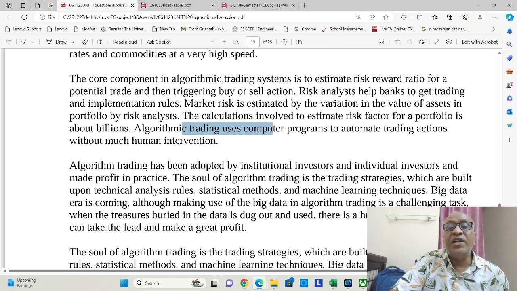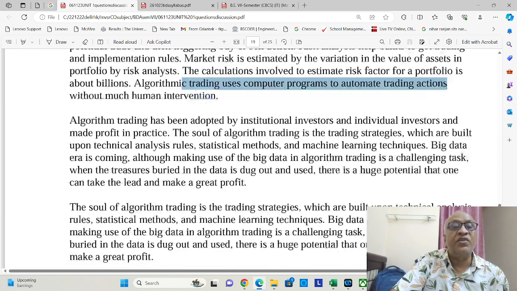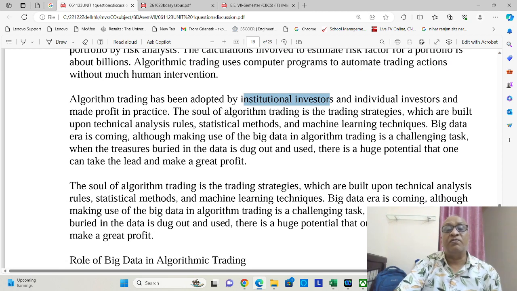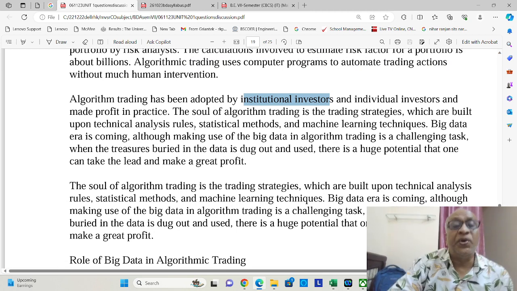What the algorithmic trading does is it will be using computer programs. They'll be automating the trading actions without much human intervention. Many institutional investors are nowadays using algorithmic trading. Even individual investors also, through maybe third party or agents.